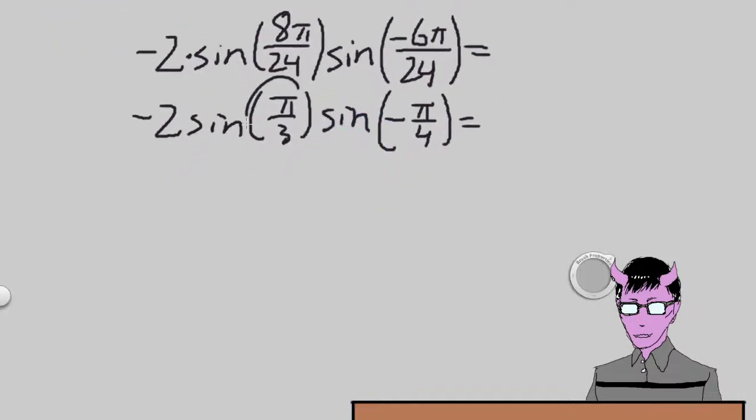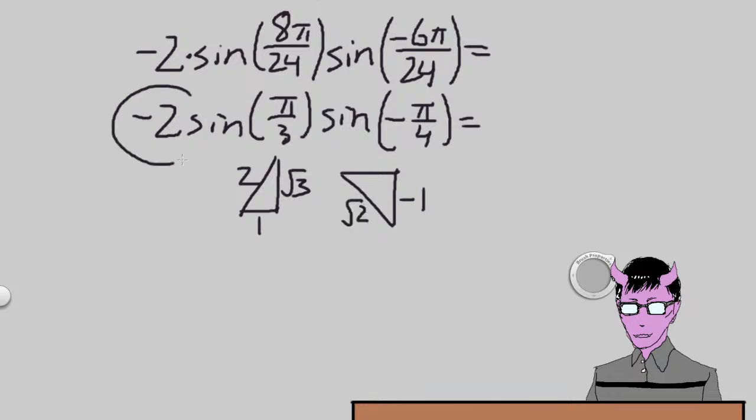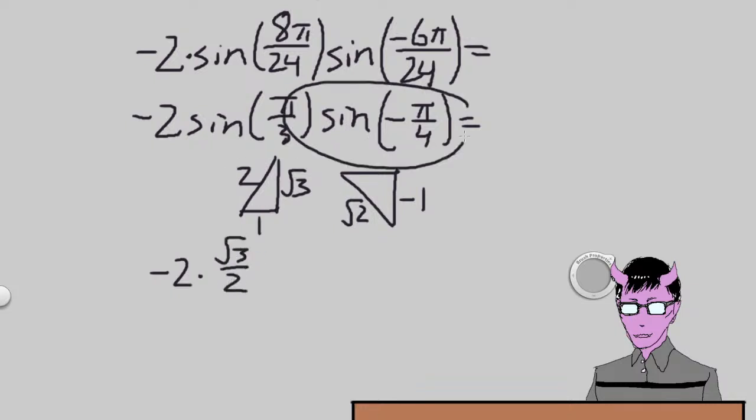Alright. Reference triangles. Here we are again. It's a negative, it's in quadrant 4. Copy paste the -2 times, and then sine of this one is √3 over 2. Sine of that one is -√2 over 2.